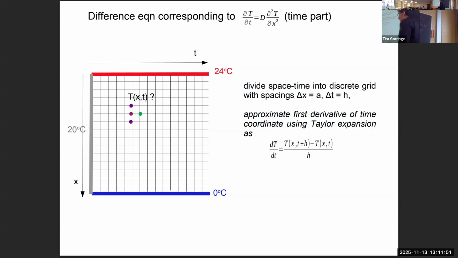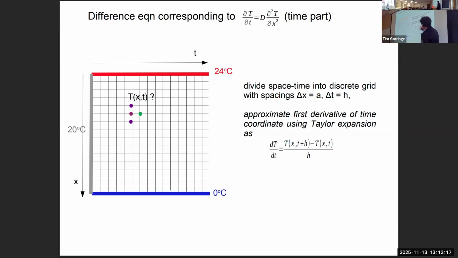And this is the other half. We've got to discretize the time coordinate as well. We've got to change our differential equation with respect to time to a difference equation in terms of time. And we know how to do that too. This first order differential of the function with respect to time just determines the slope of the function.